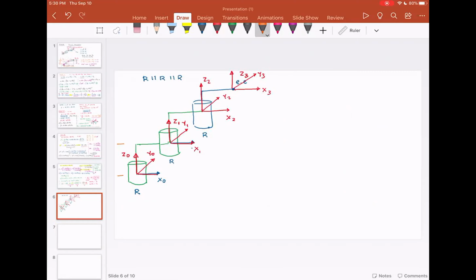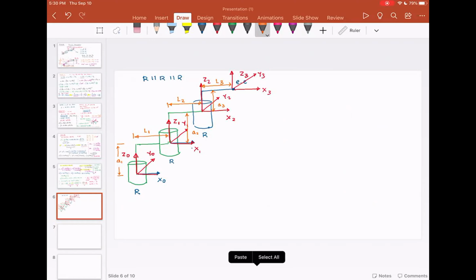This length is A1, this length is L1, this length is A2, this is L2, this is A3, and this distance is L3.